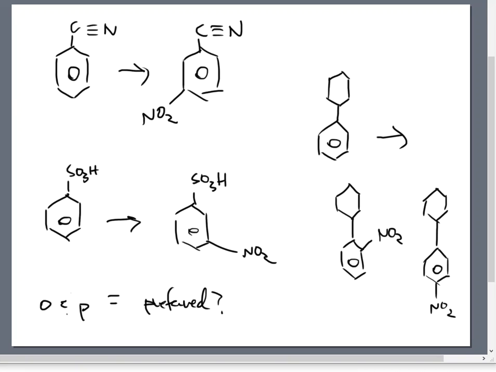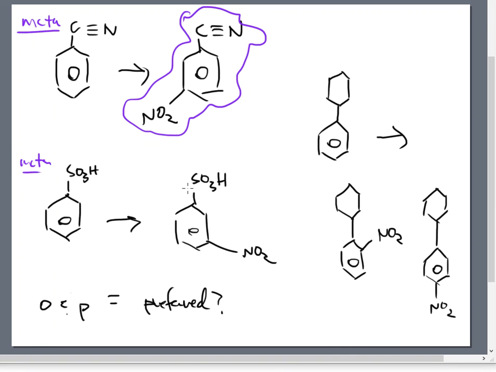So in these past three examples, what we did is that this was a meta director. This was the only choice that we had. That was it. Those are easy. This one was a meta director. This, again, was the only choice that we had for that reaction. That was it.